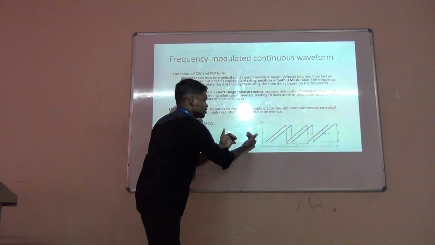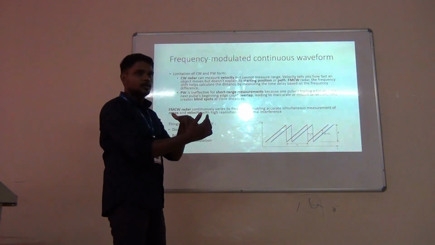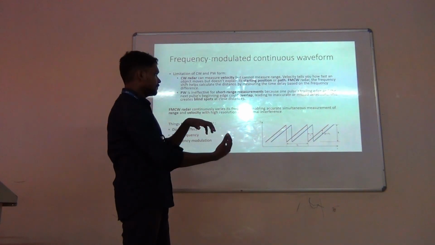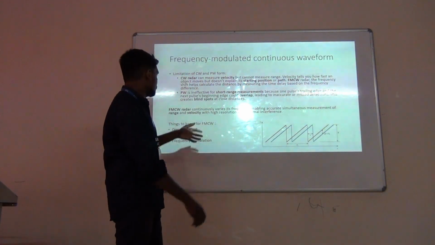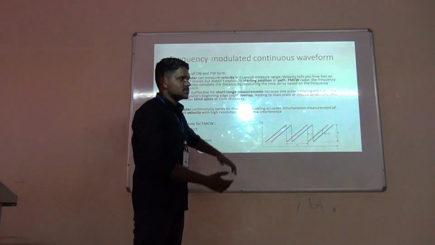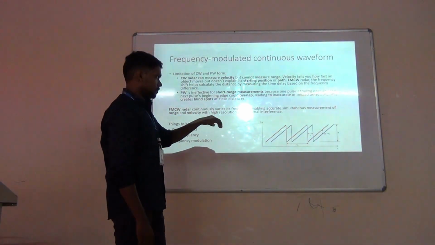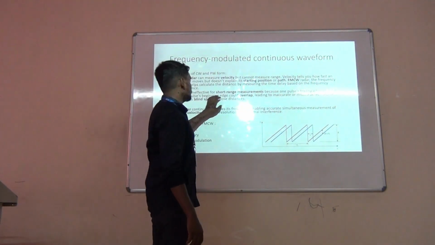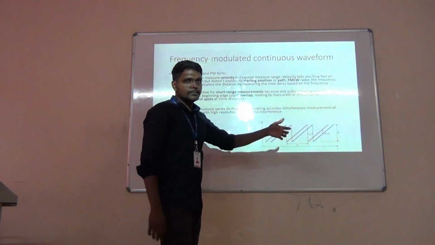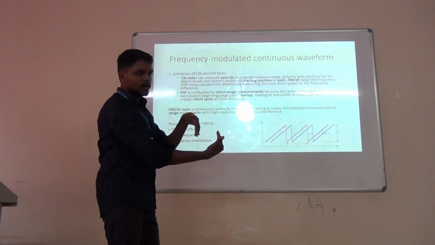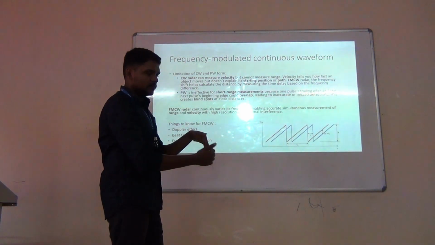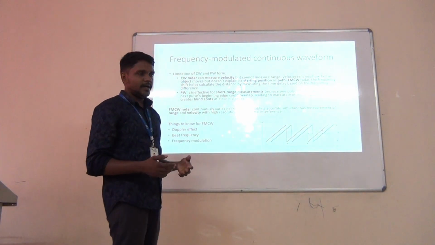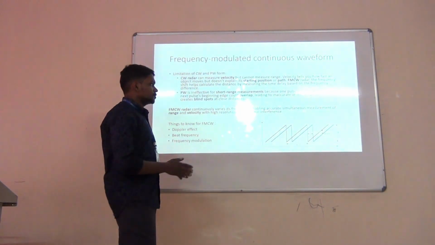For a very short distance, let's say a drone is getting near a particular obstacle, if it uses a pulsed waveform, the trailing edge of one pulse and the beginning edge of the next pulse could overlap. Since the distance is very short, one pulse range and another pulse range will overlap, and this can cause inaccurate measurements and can lead to damage.